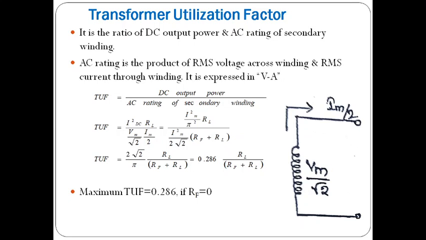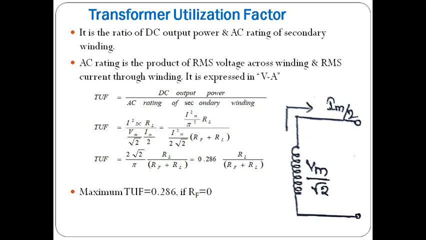The DC power is delivered by the rectifier, P DC, and the secondary winding power rating, the AC rating, is the RMS voltage across the secondary winding times the RMS current through it. So the transformer utilization factor is defined as P DC by the AC rating of the secondary winding.